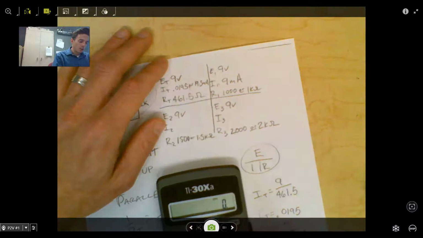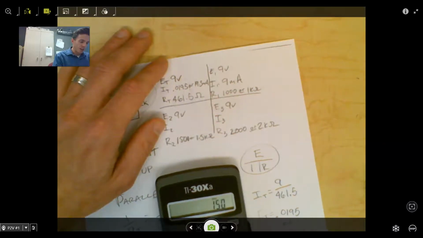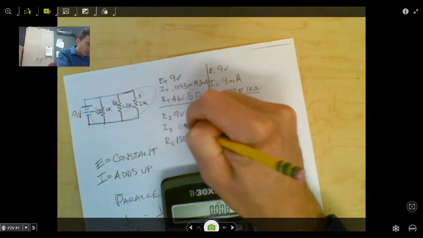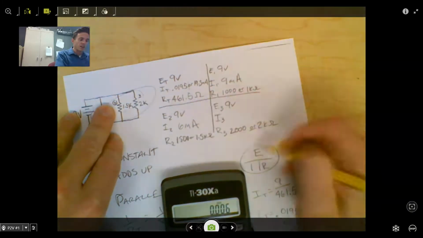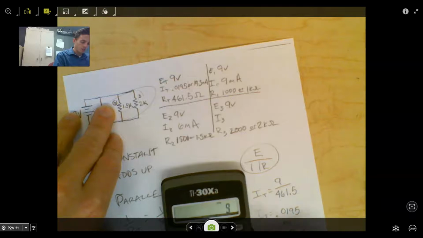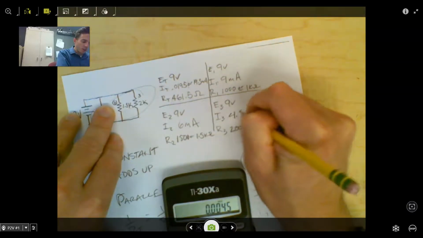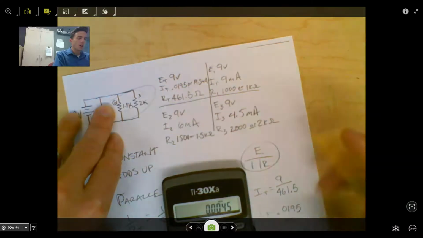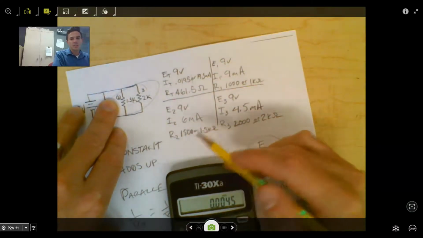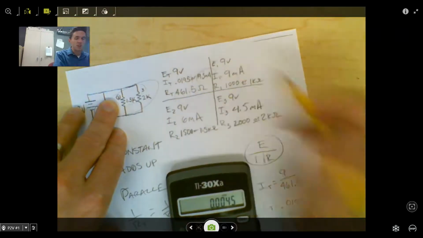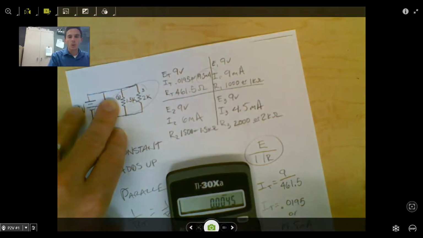The second one here is 9 divided by 1,500, which is equal to 0.006 or 6 milliamps. And then lastly, 9 divided by 2,000 is equal to 4.5 milliamps. So 4.5 plus 6 is 10.5. 10.5 plus 9 is 19.5, which is exactly what we calculated before.